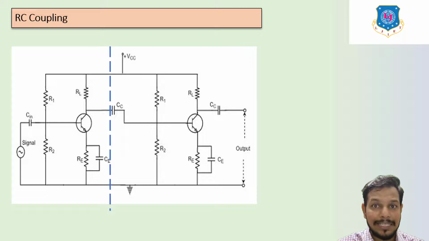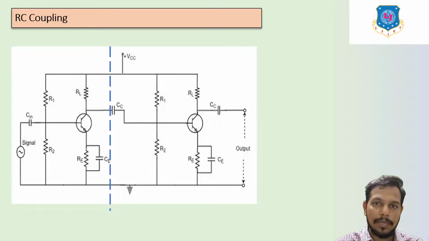If there is a DC component, it will be blocked, and only AC is allowed to pass to stage number 2. Now in stage 2 we apply the input AC signal, so again it will be amplified and we will get more power at the output side.